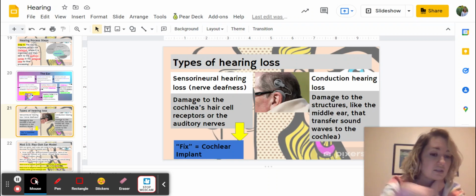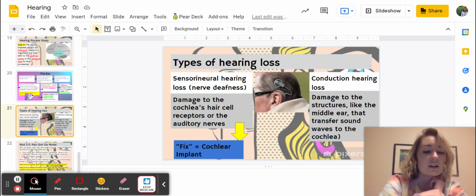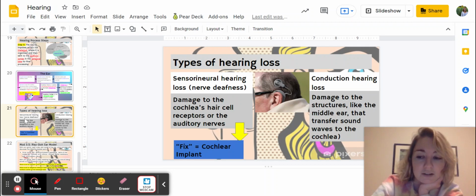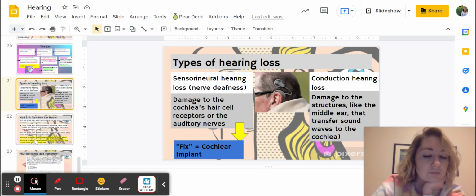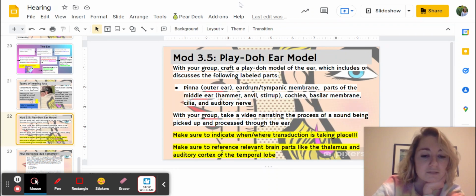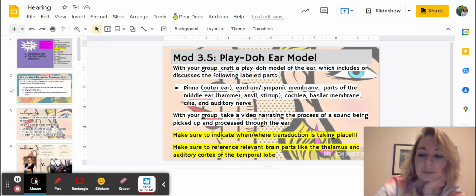So this happens before it gets to the cochlea. It could be straight up damage, like something got bumped or broken, or even impacted earwax could cause this type of hearing loss. So that's all we got, and you'll be repeating this yourself with your Play-Doh ear.